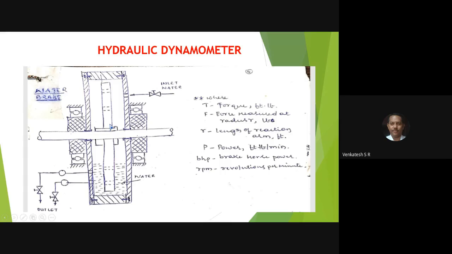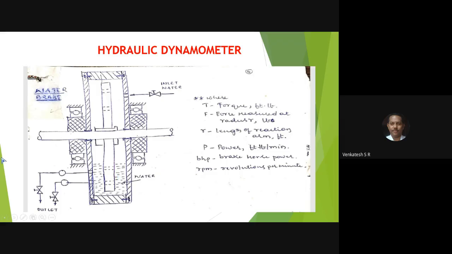Imagine that type of flywheel; the size of the hydraulic dynamometer flywheel is 1 meter or usually 1.5 meter or 2 meters, which is immersed in the water.